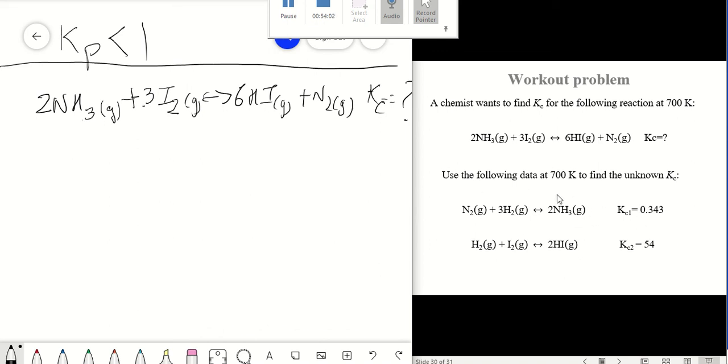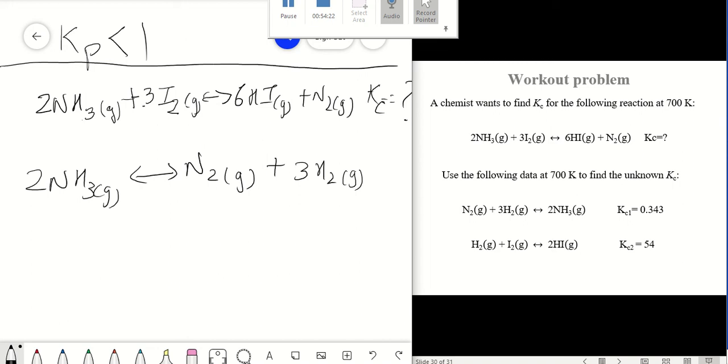So the first step that we'll have to do is reverse the first reaction. If I reverse the reaction, I get 2NH3 gas changes to nitrogen gas plus 3 hydrogen gas.